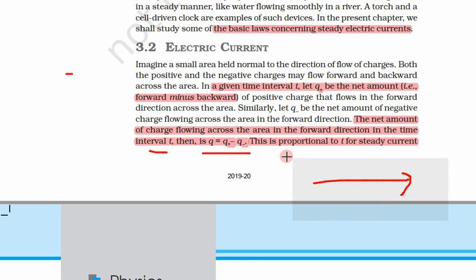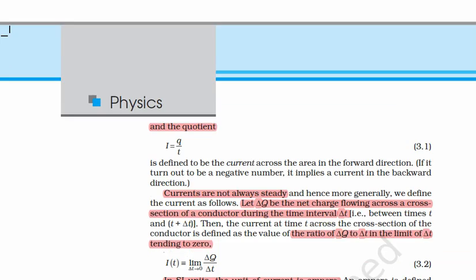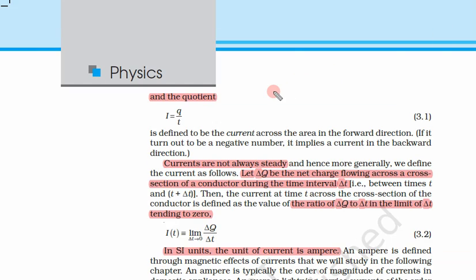If you give 5 minutes, let us say 5 coulomb of charge has flown. If you take 10 minutes, 10 coulomb of charge will have flowed from left to right. So simply, what is the equation? Q is proportional to t, and let us put a constant here.